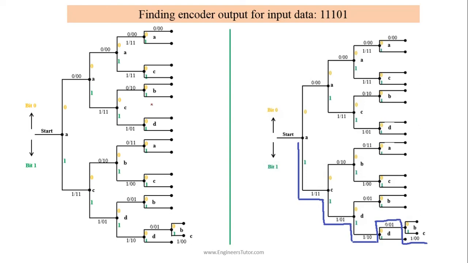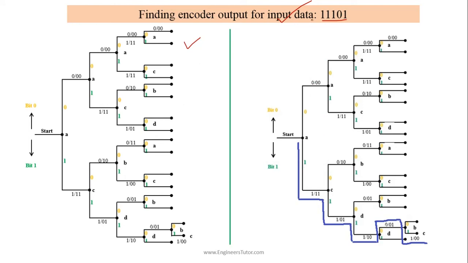By applying the procedure I have explained, we can obtain the complete code tree diagram like this. So please practice to obtain the various nodes and the output of the convolutional encoder. And now from this tree diagram we want to find the output of the encoder for the given input 1 1 1 0 1.